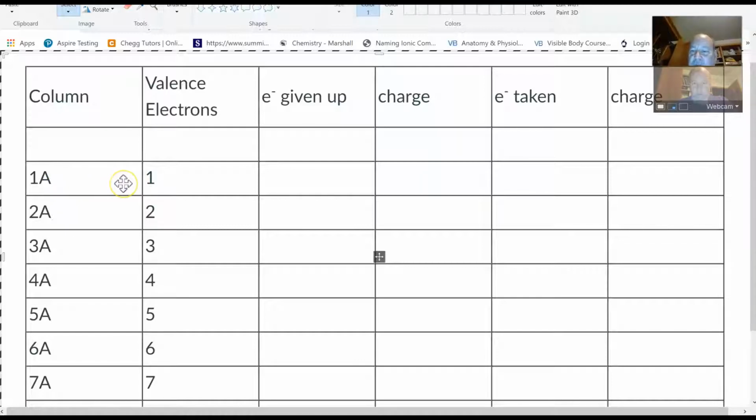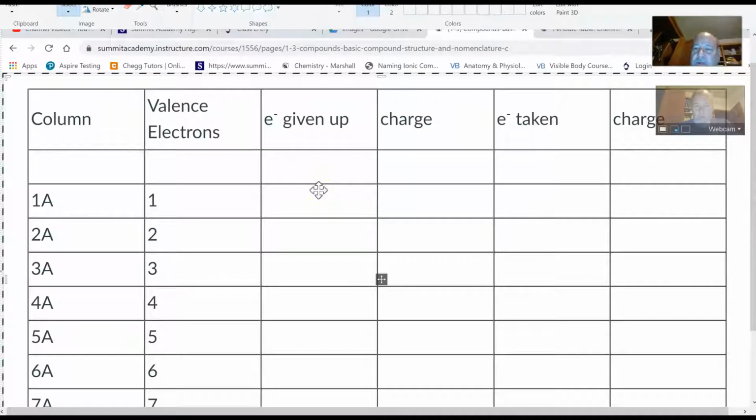That's what that means. I go to my periodic table, I see column 1A, I see hydrogen, lithium, sodium, potassium, rubidium, cesium, and francium, and each one of those will have 1 valence electron. So I know that means I have 1 valence electron to give up.